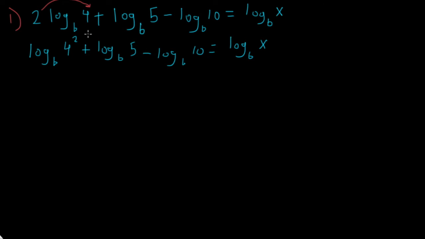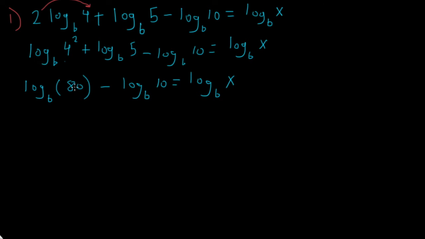Now let's use the product rule, and so we'll get log b of 4 squared, which is just going to be 16, times 5, which is going to give us 80. So log b 80, all we did was 4 squared times 5, 16 times 5, minus log b 10 is equal to log b x.